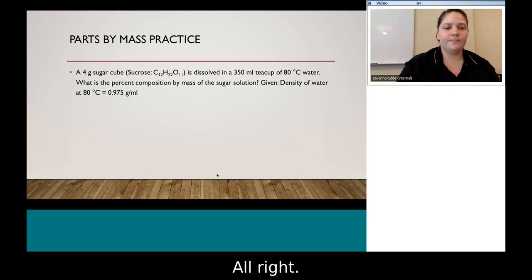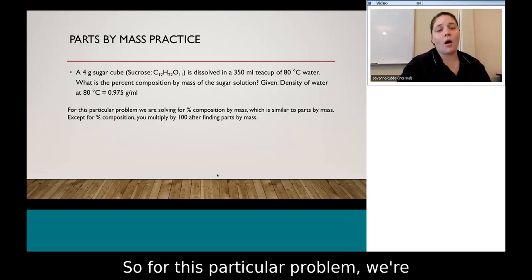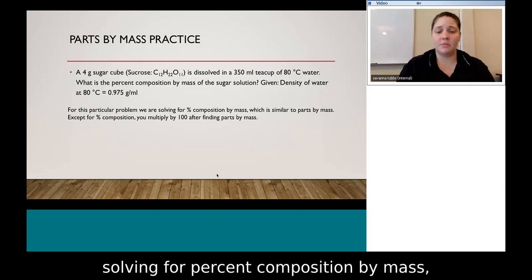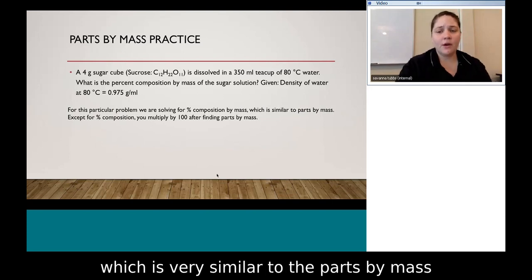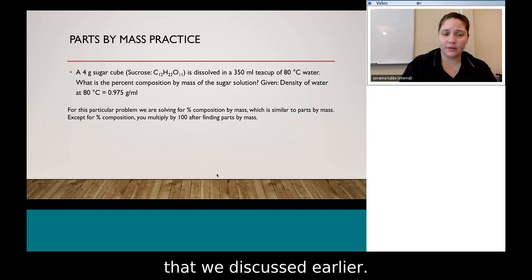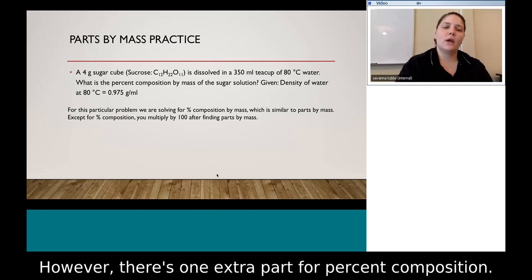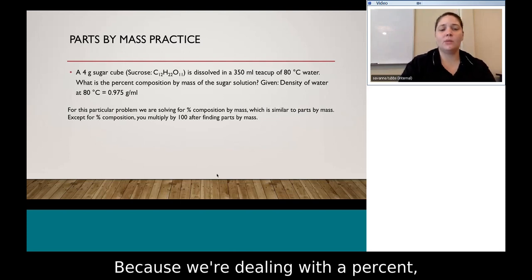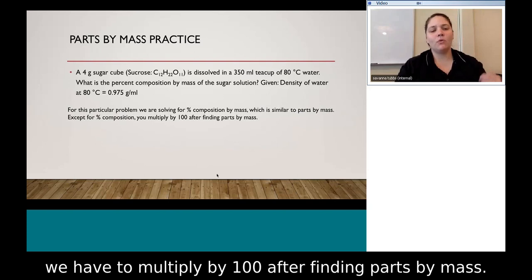All right, so for this particular problem, we're solving for percent composition by mass, which is very similar to the parts by mass that we discussed earlier. However, there's one extra part for percent composition. Because we're dealing with the percent, we have to multiply by 100 after finding parts by mass.